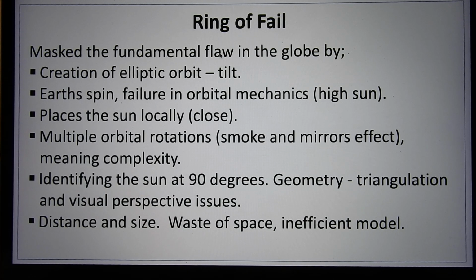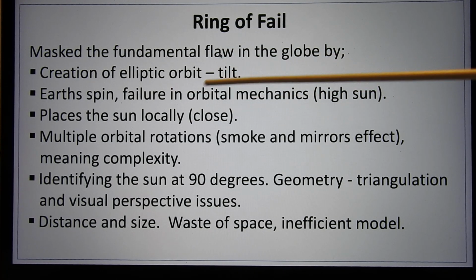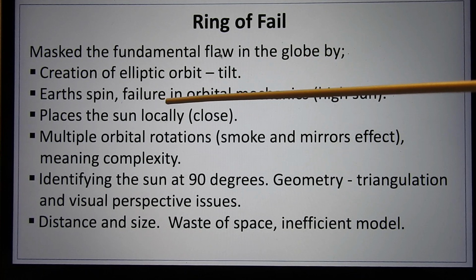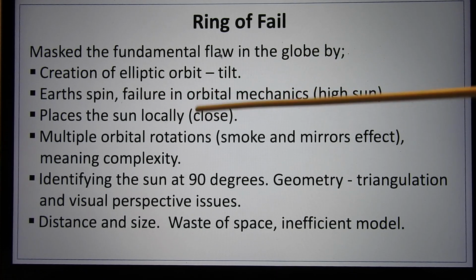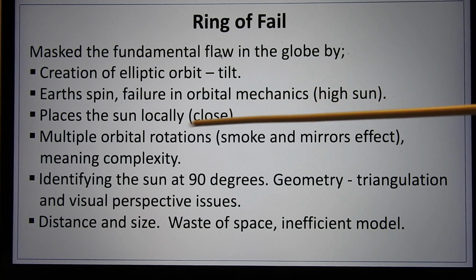Again, when we talk about the ring of fail, it's masking the fundamental flaw of the globe model, the creation of elliptical orbit, and the tilt. Again, it just tries to guide you away from that direct angle of 90 degrees, which is a huge problem for it. So if you have a lot of moving pieces, people tend to lose focus on that.